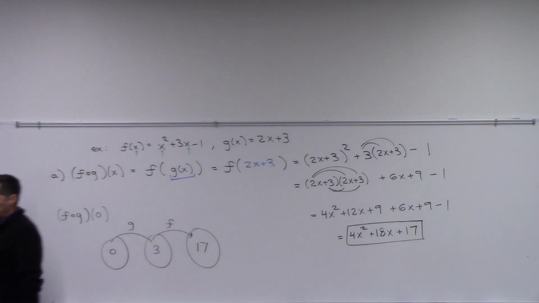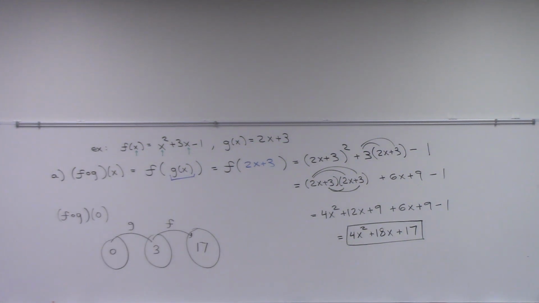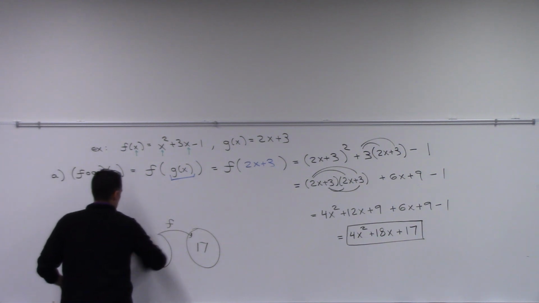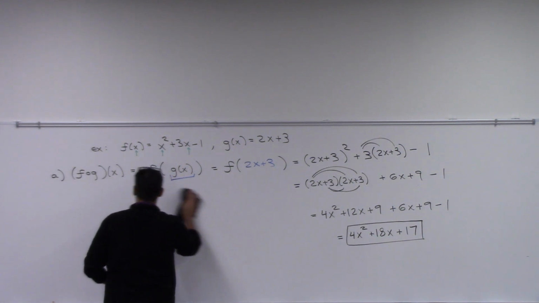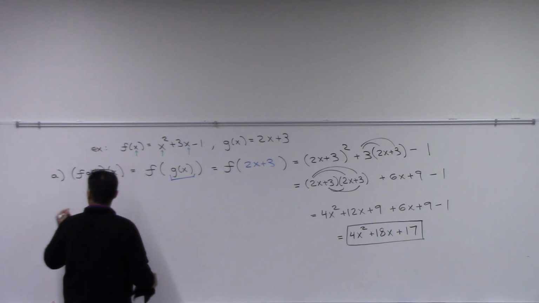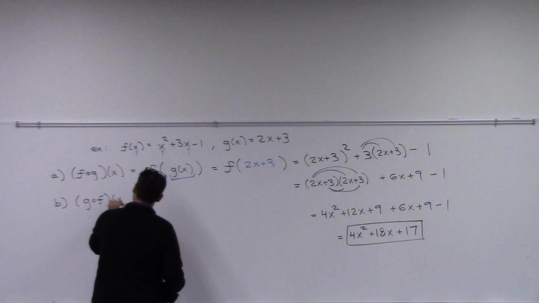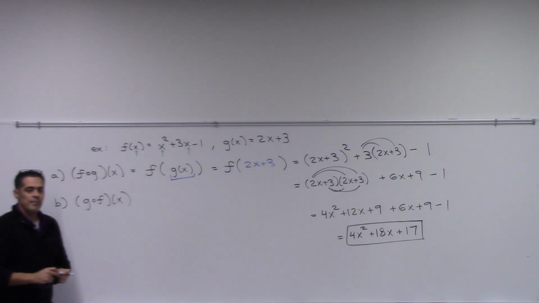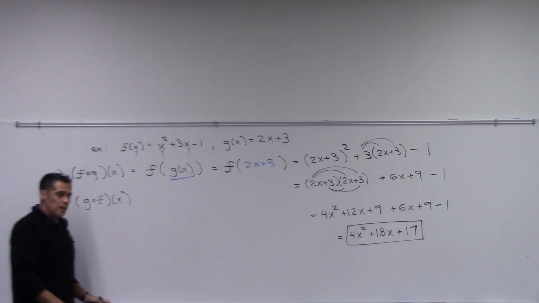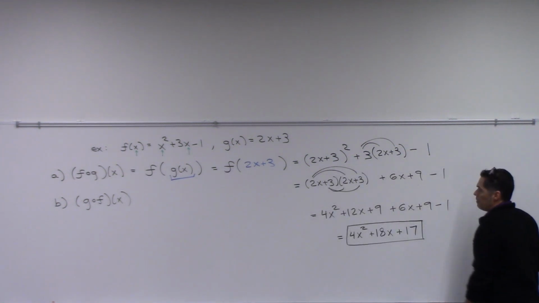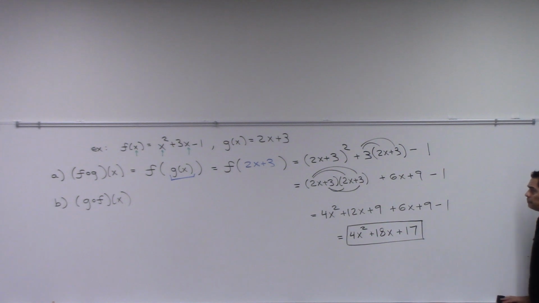All right. So if you feel like you get it, why don't you do part B? So I want you to do part B right now. Okay. So part B says find g of f of x. All right? So you should have an answer that is a function at the end. See if you can figure it out. I'll leave everything up there.